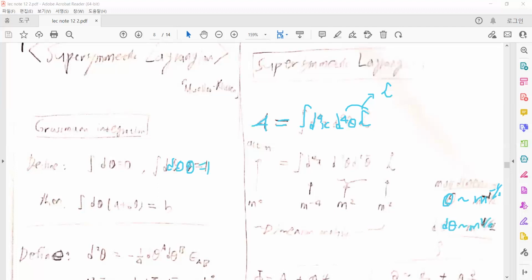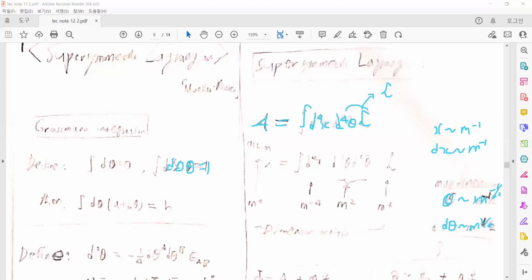This is very different from the behavior of real numbers, because for real numbers, for example, the coordinate has mass dimension minus 1, and the integral also has dimension minus 1. There are very different behaviors for the Grassmann variables.